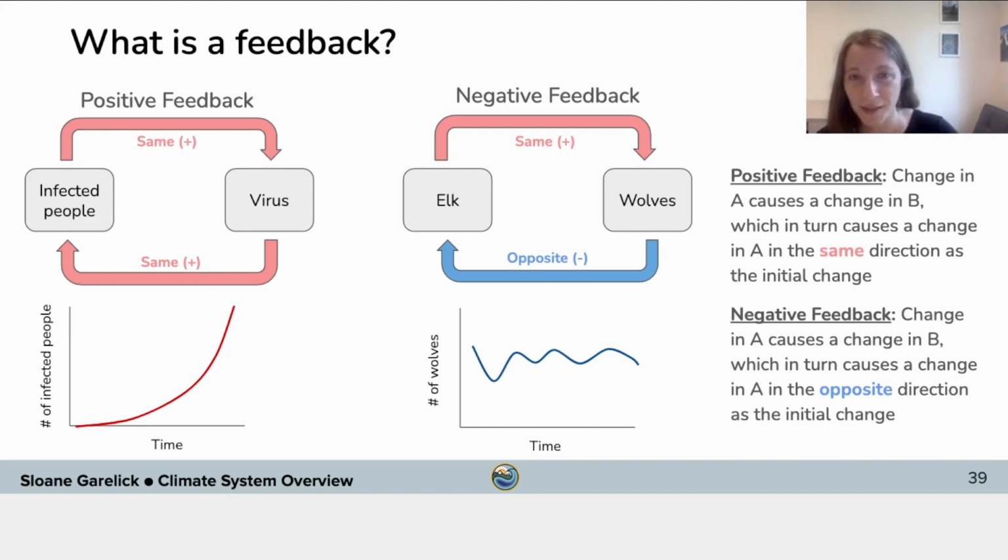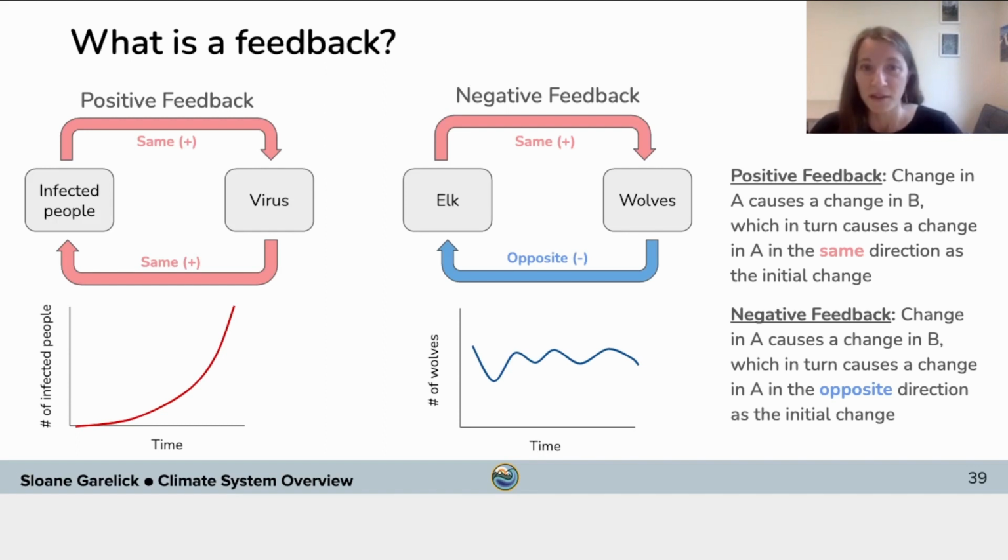In contrast, we can look at an example of a negative feedback, which is when a change in A causes a change in B, which in turn causes a change in A in the opposite direction as the initial change. An example that we can look at for a negative feedback is the relationship between the population of a prey and predator, in this case, elk and wolves.